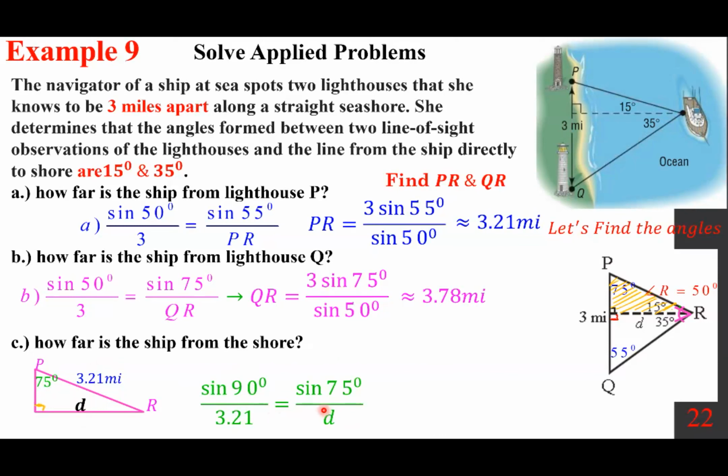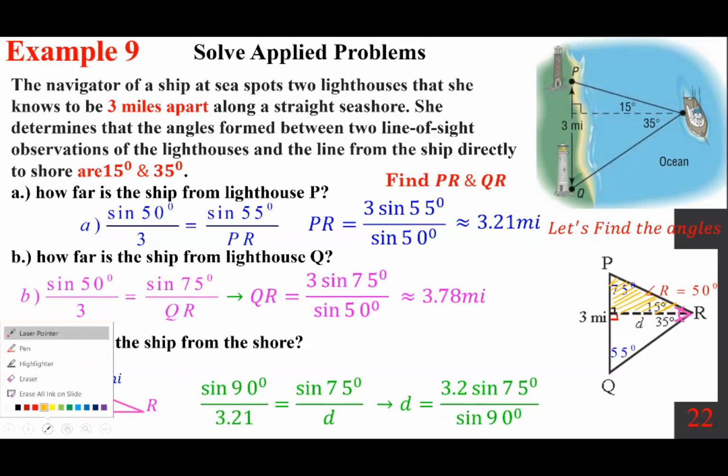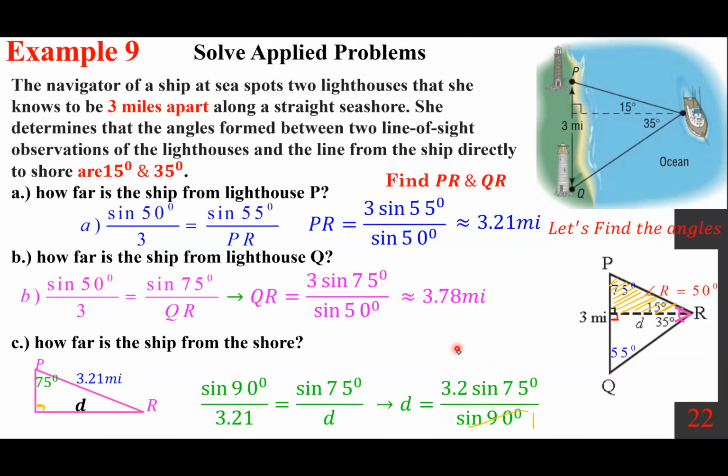But in any event, D is the product of these two divided by sine 90. This we know to be 1, but this one we put into a calculator times 3.21. Division by 1 makes no difference. So that gives us the distance of 3.10 miles.